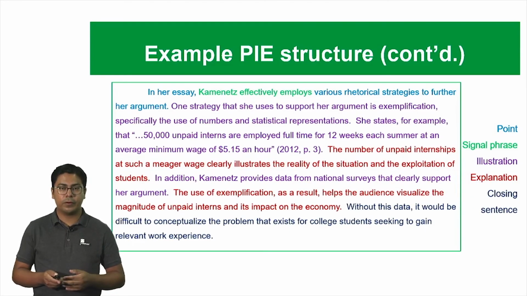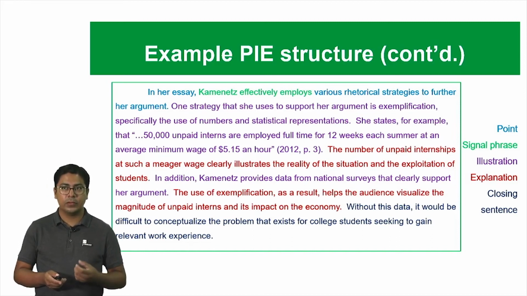For the fourth paragraph, we see something very interesting, and that is that it's not necessary to have only one illustration and explanation in each paragraph. You can have more than one, which is the case in this example. So you can see the point, the topic sentence, you see a signal phrase, but then you see two illustrations that are in purple and two explanations that are in red.